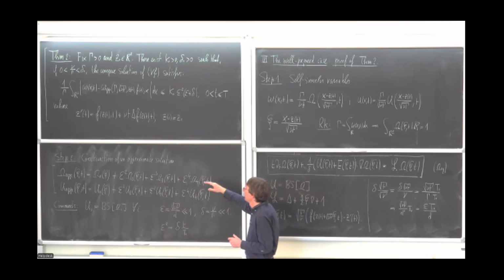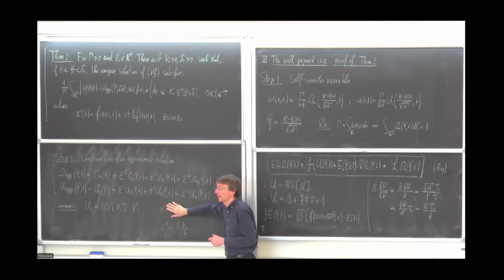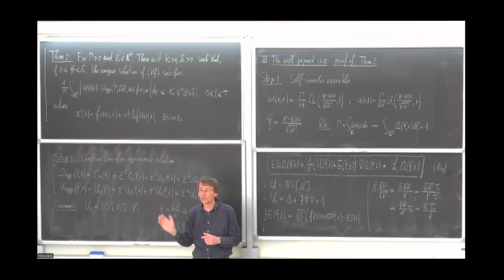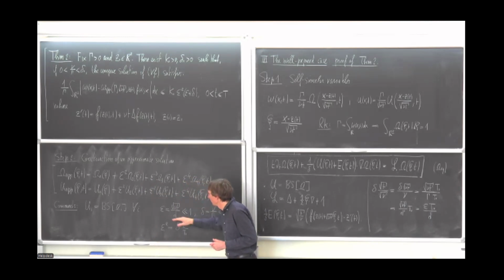You will do exactly the same thing. Then epsilon will not be given by this formula. Epsilon will be your initial data. There will be some small epsilon. There will be no delta because there is no viscosity. We will do exactly the same approximate solution, but with epsilon fixed and delta equal to 0. It's not compatible with this relation, which is a reason for considering epsilon and delta as independent parameters.